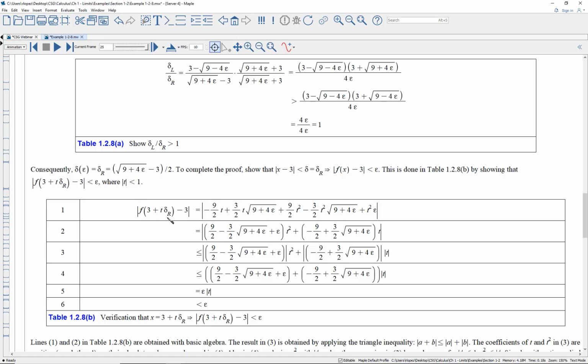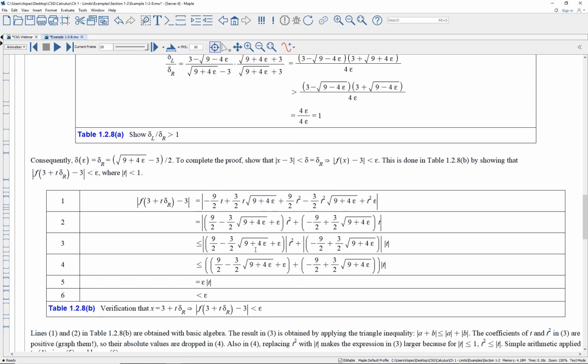That sweeps that span, a little bit of algebra, and you can show that this distance, or that absolute value there, is less than epsilon, completes the proof.